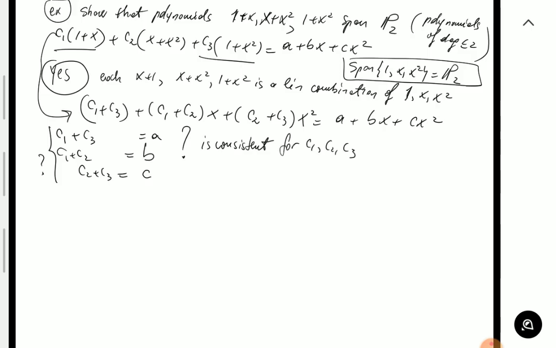So it boils down to a linear system, which in matrix format, if I write it by column, the coefficients of C1 are 1, 1, 0, of C2 are 0, 1, 1, and of C3 are 1, 0, 1.